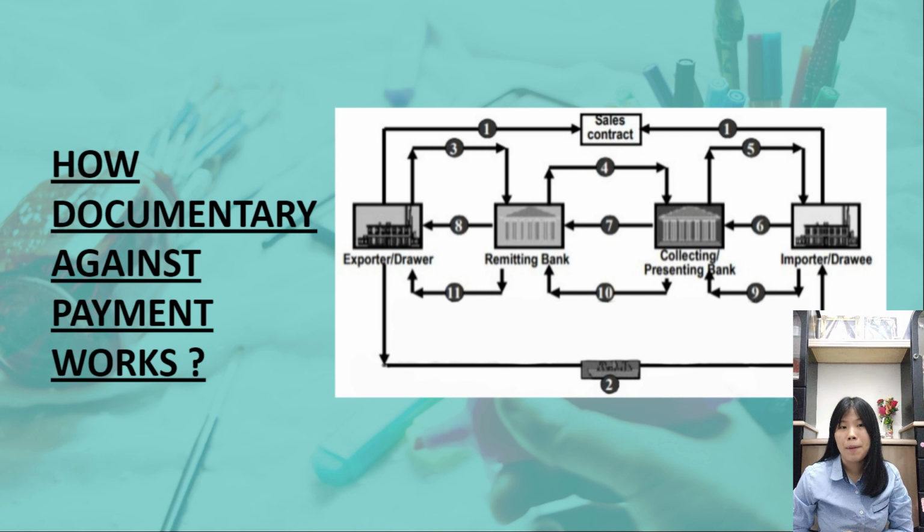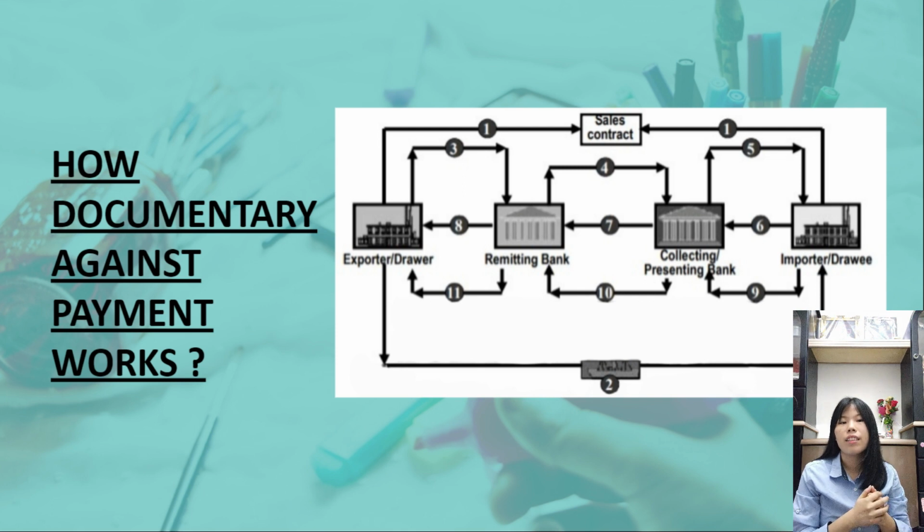After the acceptance, the importer will take possession of the documents to claim the goods from the shipping company. In step 7, the collecting bank will notify the remitting bank about the date of acceptance and also the maturity date for the payments. In step 8, the remitting bank will notify the exporter.